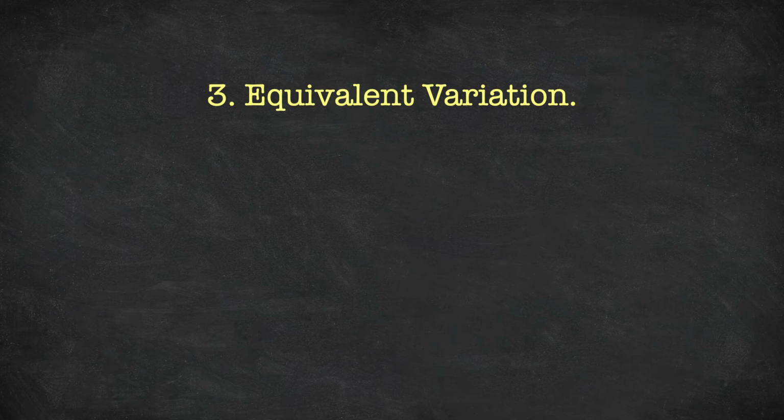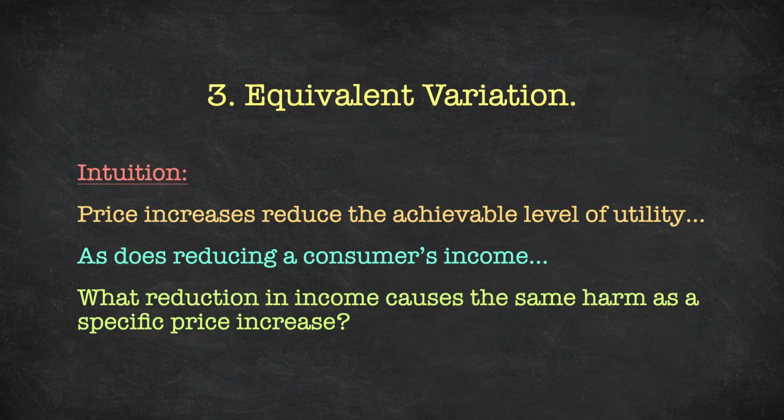The next way of measuring the welfare impact of a price change that we will consider is called equivalent variation. Now, to give the intuition for equivalent variation, consider the following. We know that when the price of a good, so good 1, it will be our example, increases, then we cannot achieve the same level of utility as before.